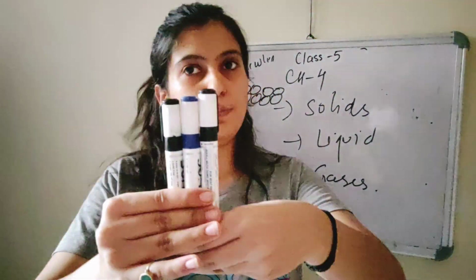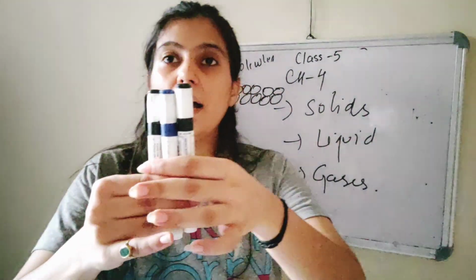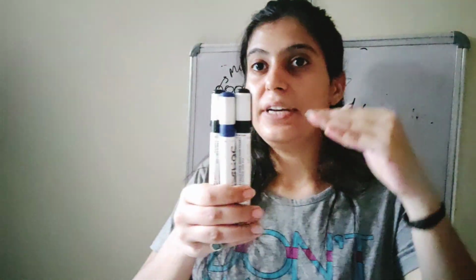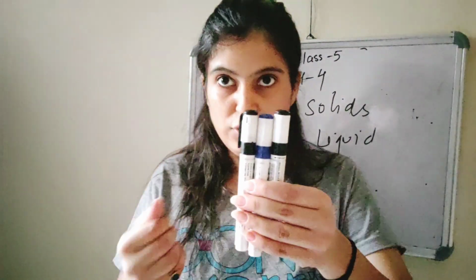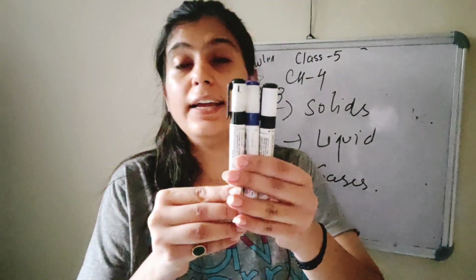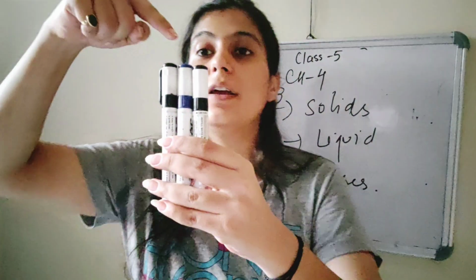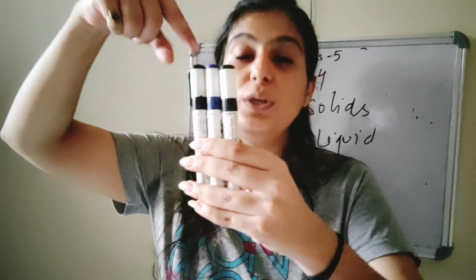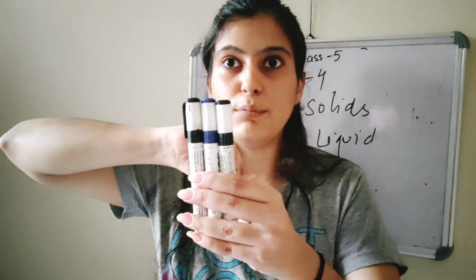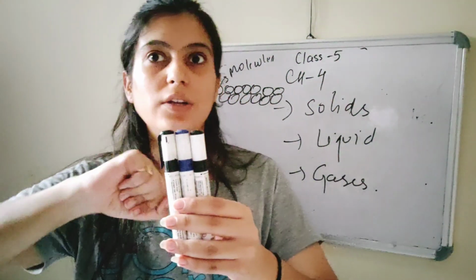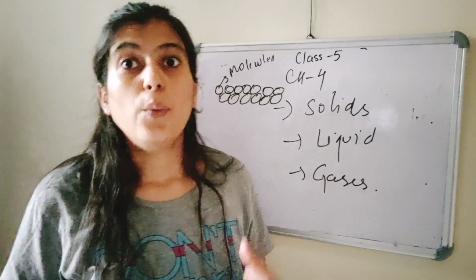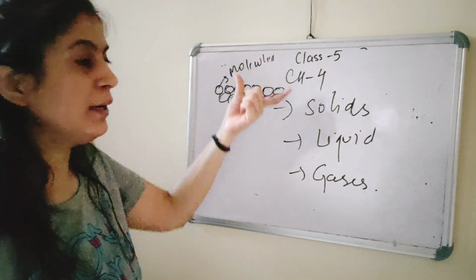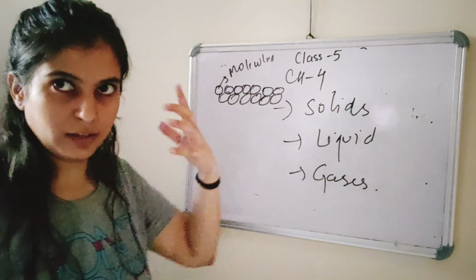There are no spaces between them. And how are they tightly packed? Because there is this force of attraction. Basically, there is something in between these molecules which is attracting them to get closer to each other. That is your force of attraction, which helps the arrangement of solids like this.